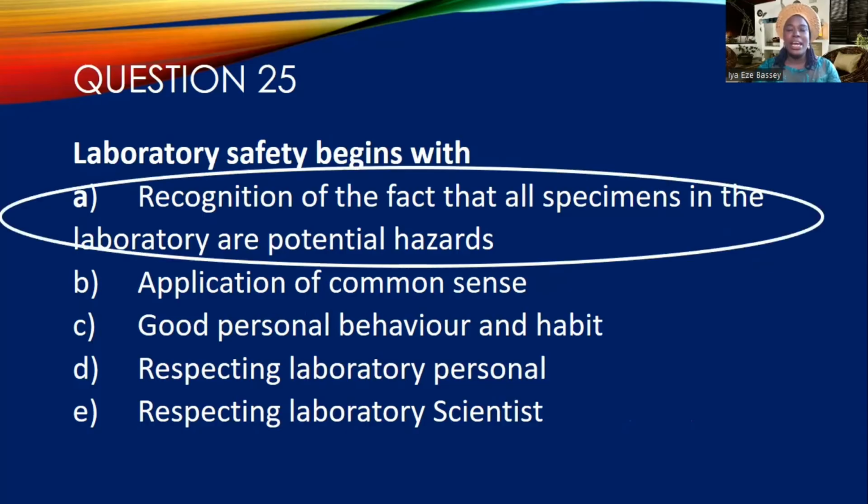I would go with A, because if you treat every sample as potentially hazardous, you would know that you should carry out everything that helps you to have good laboratory practice. But if you do not have that awareness that surfaces you might touch and specimens you might touch are all hazardous, you may not be able to take care of yourself.